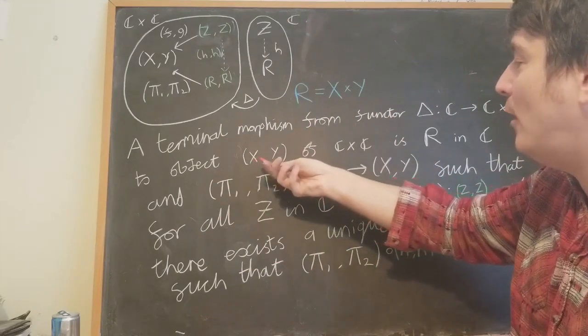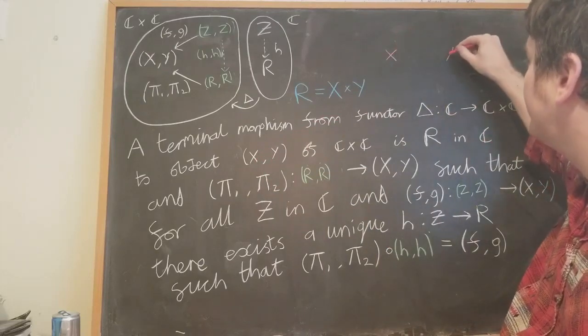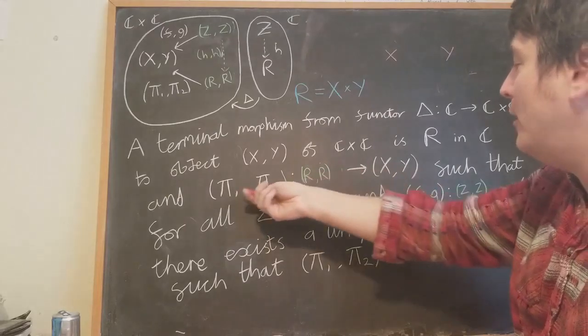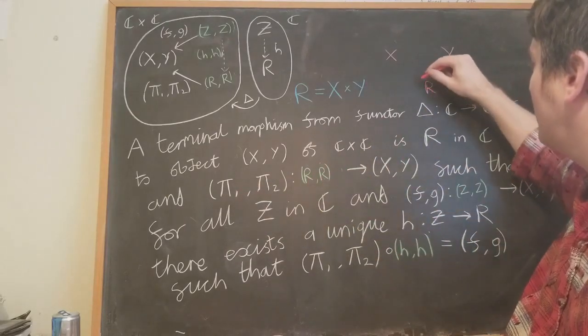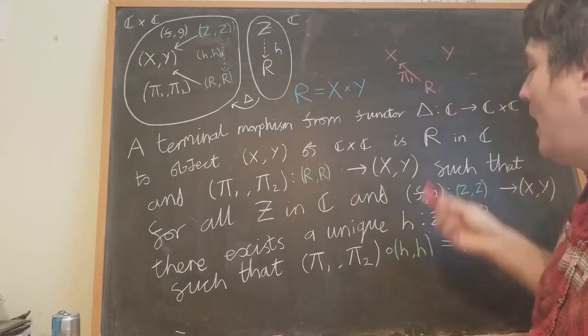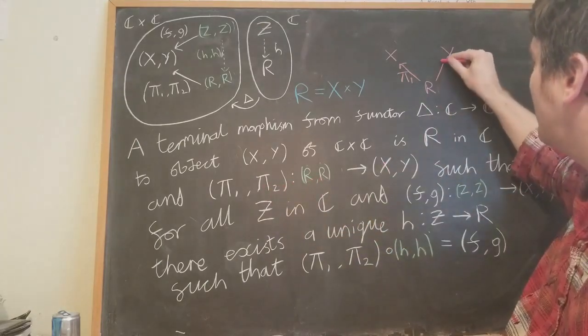So we have objects x and y, and we have an arrow pi1 from r into x. And we have an arrow pi2 from r into y.